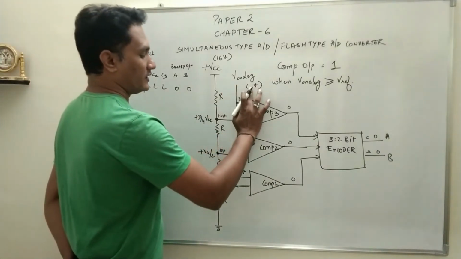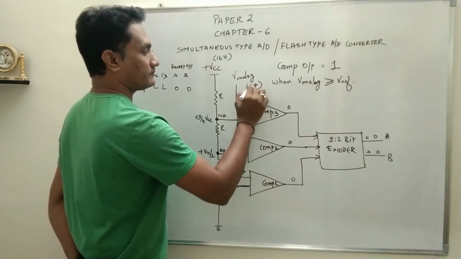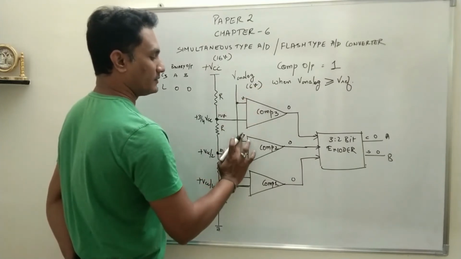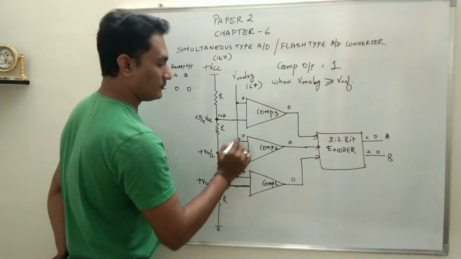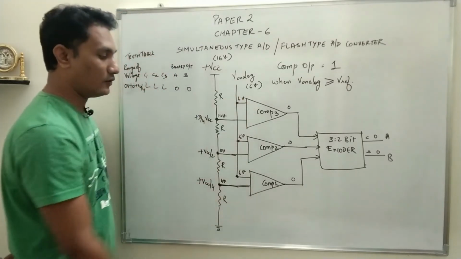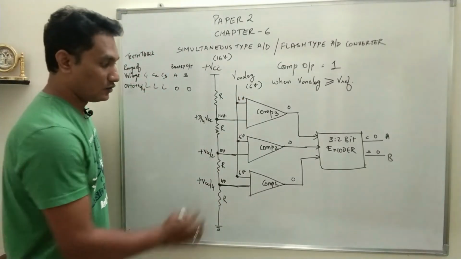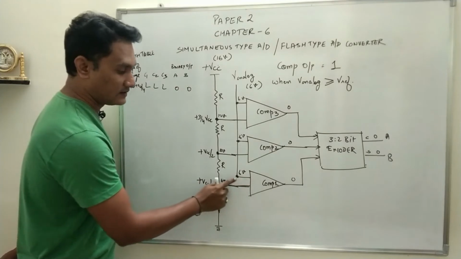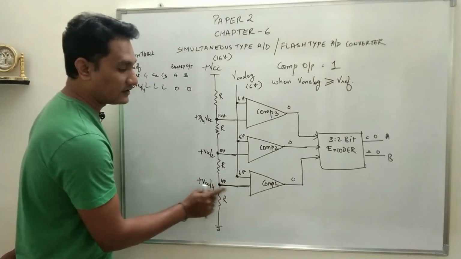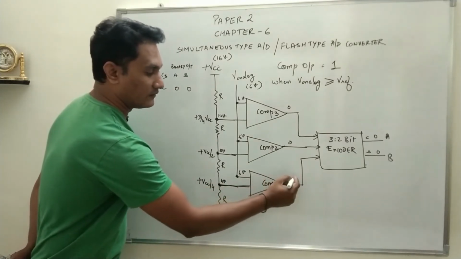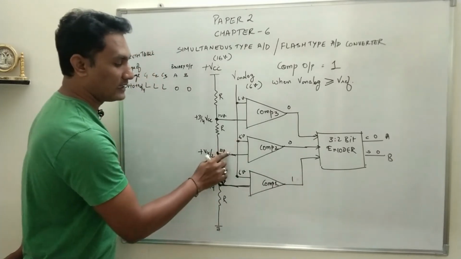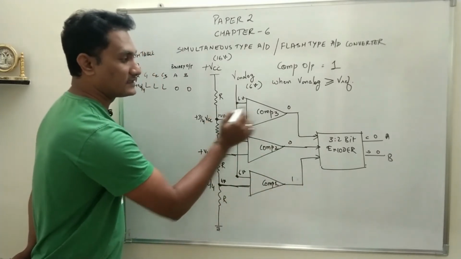Let us take one more example. Say the potential here is 6 volt. Now what happens? See, one input of all the comparators will now be 6 volt. So check the condition, 6 volt is greater than the reference voltage, the output of this comparator will become 1. 6 volt less than 8 volt, 0. 6 volt less than 12 volt, 0.